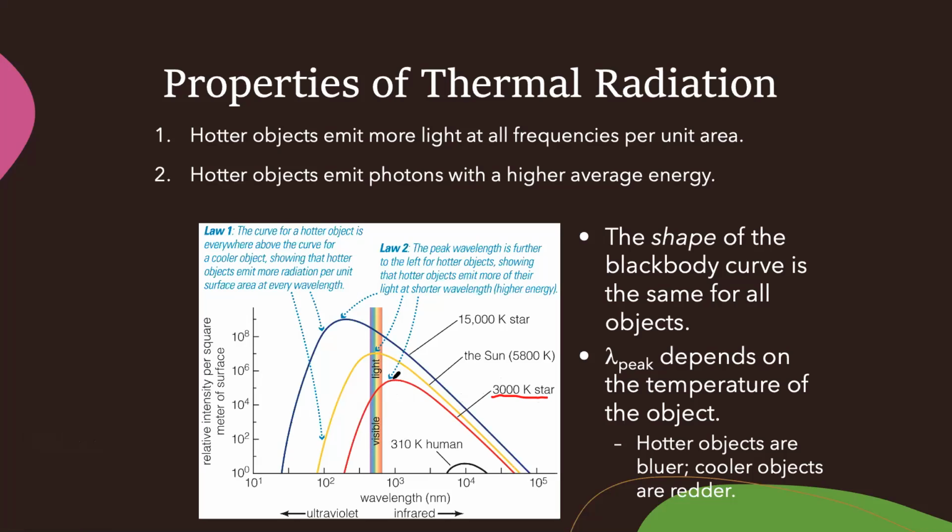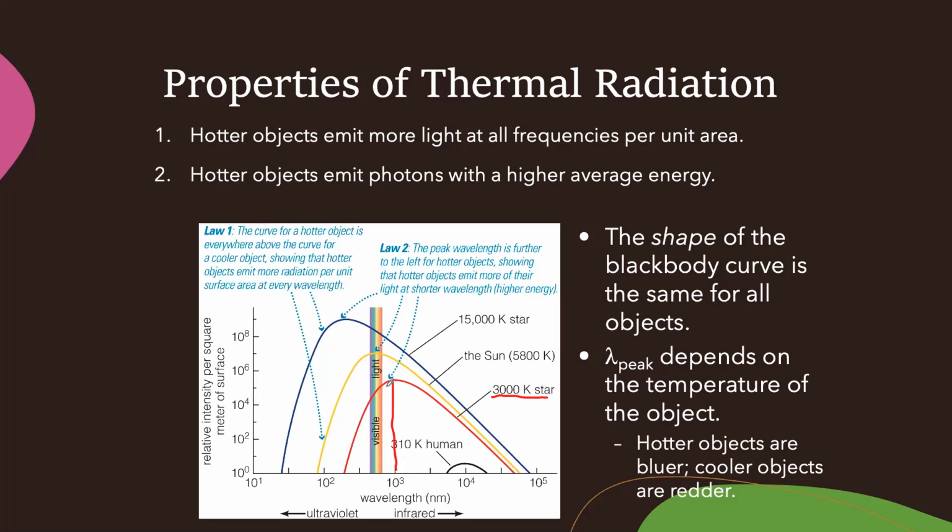Let's go look at the peak. Based on its temperature, the peak lines up with about 1,000 nanometers for wavelength. So the peak wavelength of this kind of star is in the infrared.